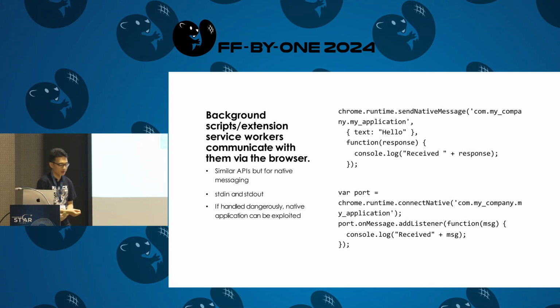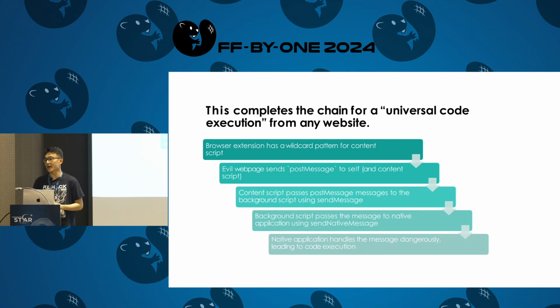You can string this together to get what I'll call universal code execution. Think of it as similar to universal XSS, but in this case you're making one more jump from the browser extension context to the desktop host application context, which means code execution outside the browser.